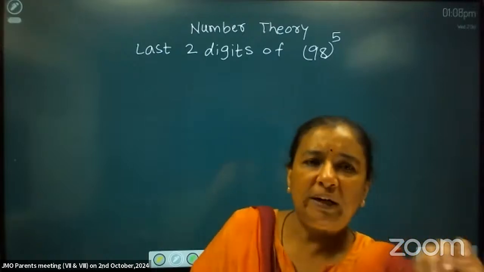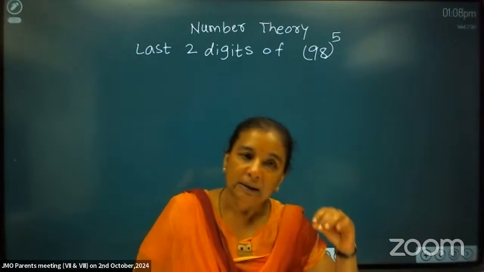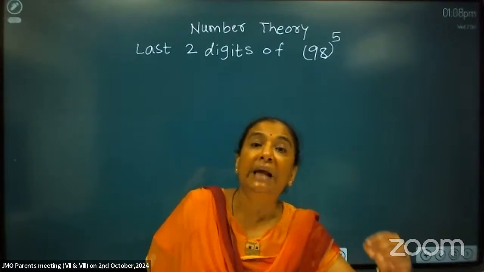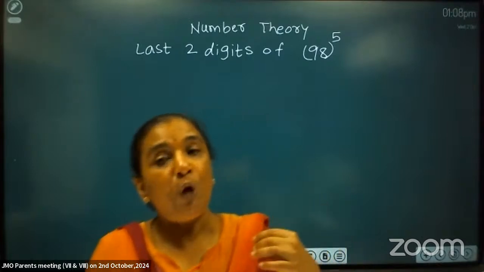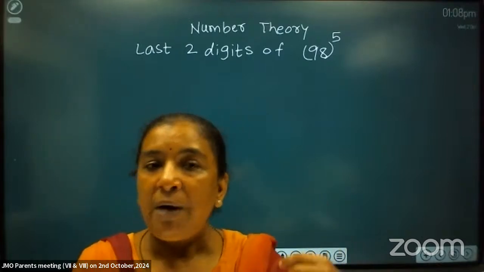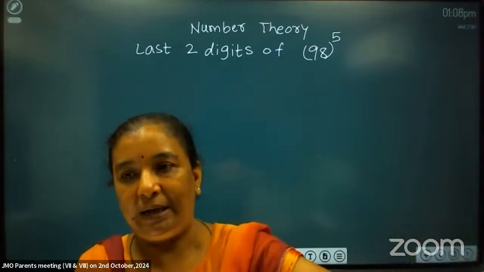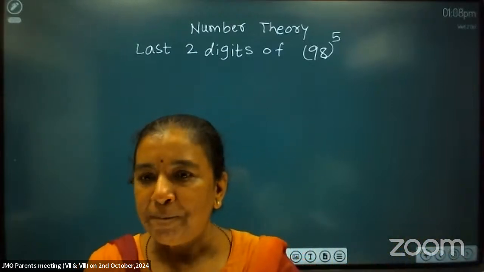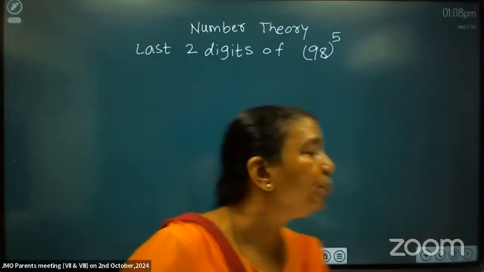All of you, with whatever indices you have studied so far, can definitely tell me what will be the last digit, the digit at the units place. But I am not only asking the last digit, but last and second last, or last, second last, and third last, meaning the last three digits.